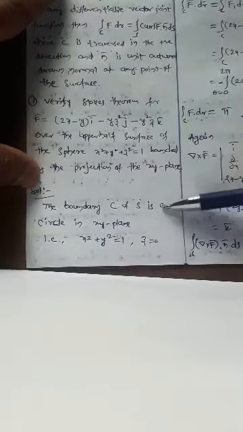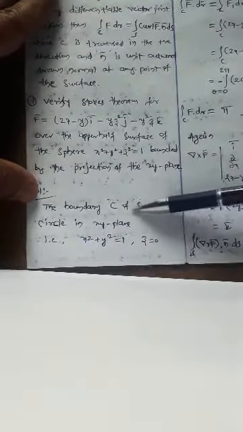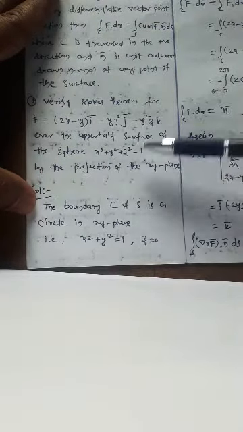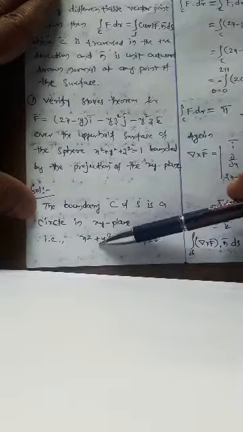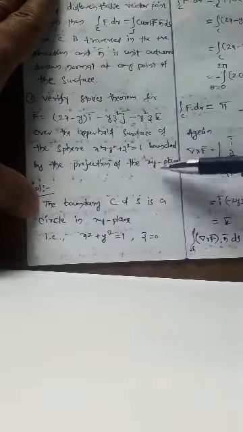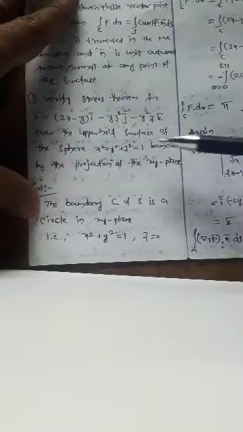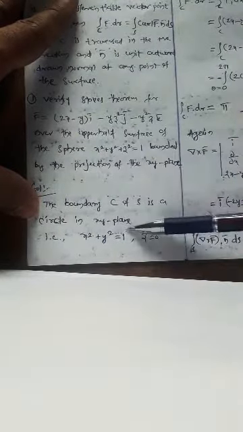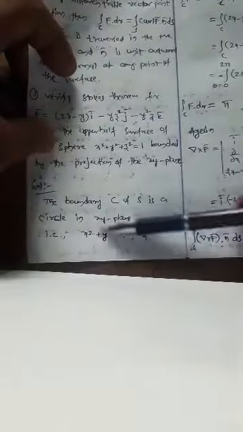Now the boundary C of the surface is a circle in the xy plane. Actually it is 3-dimensional, but he mentioned the xy plane, that means z equals 0, so it will become x square plus y square equals 1, where z equals 0. Now this is a circle equation where r equals 1.